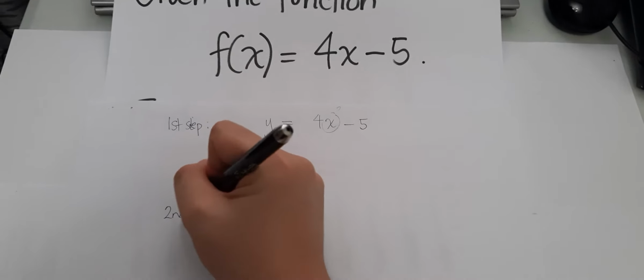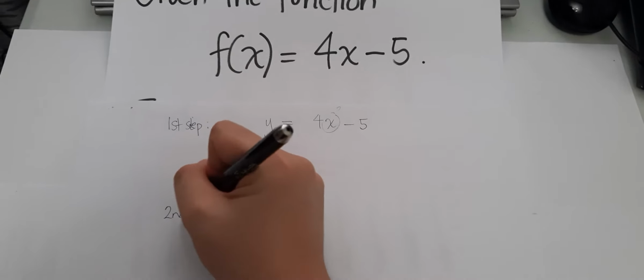Okay, so I will let my 4x stay here and my 5 on the other side. Since I want to find my x, I will divide both sides by 4 so that 4 will be gone. So the new formula for x will be y plus 5 all over 4.